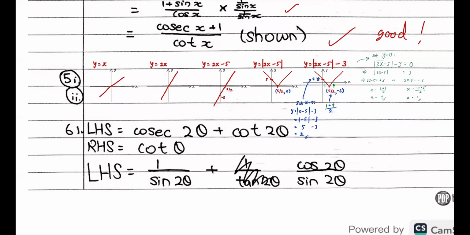So if I gave you y equals 2x minus 5 minus 3, can you draw the graph? Y equals 2x minus 5 minus 3 without modulus.